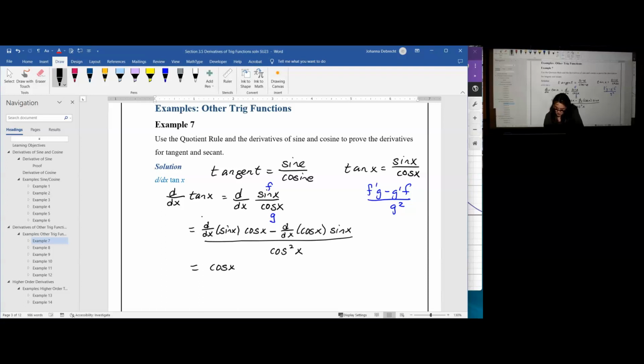So this gives me cosine x times cosine x, or cosine squared of x. Then for the second part, the derivative of cosine is negative sine, and then multiplied by sine. I have a double negative, which is going to make it positive.